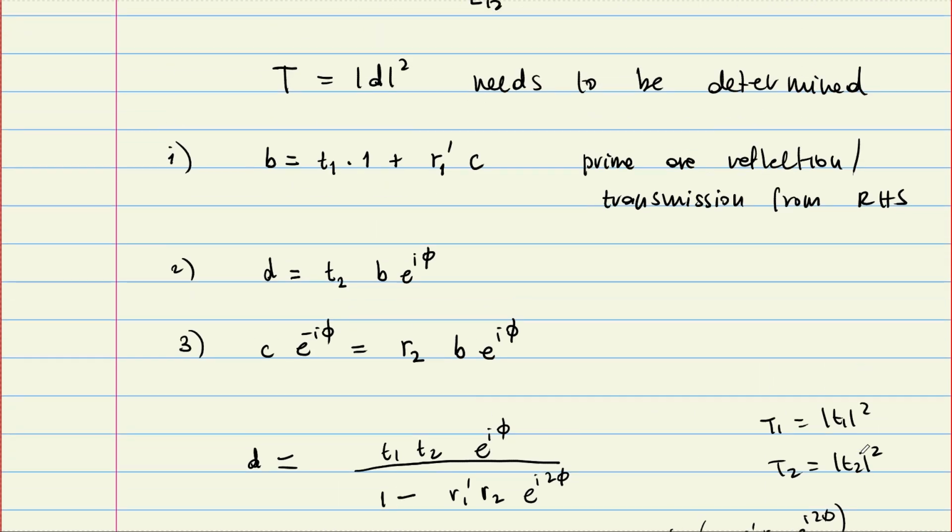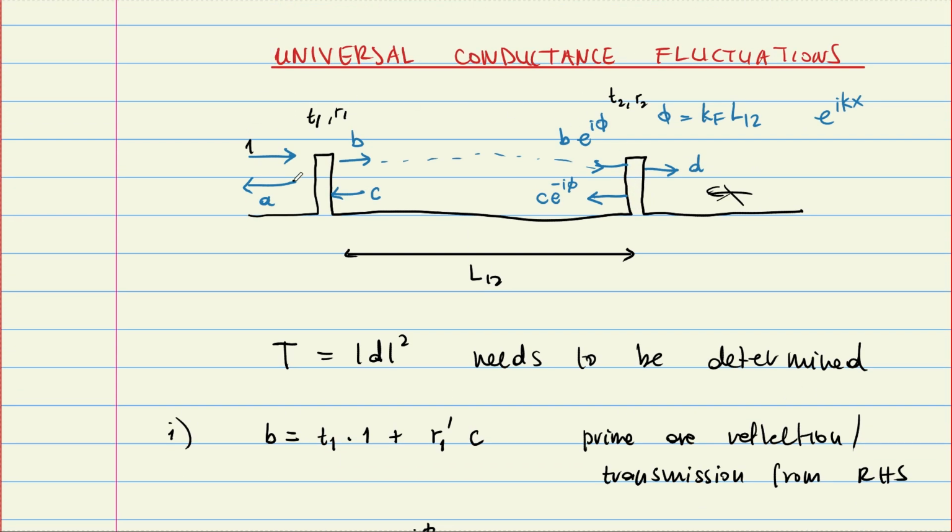In some sense, this geometry is kind of like a Fabry-Perot interferometer. There's some incident wave coming, and some reflected wave going like this. These two waves, the right-moving and left-moving wave, can interfere constructively or destructively on this interface. By moving one of the impurities just a little bit, you can have maximum interference or minimal interference.